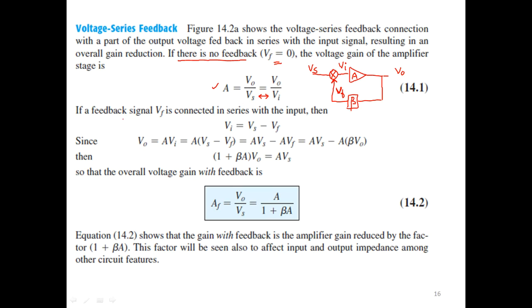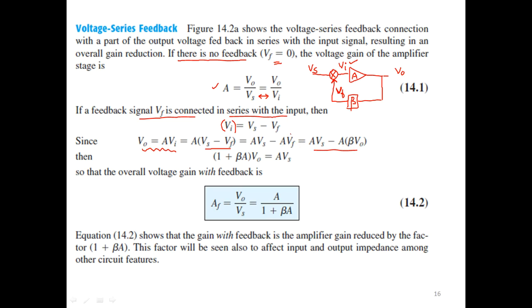Now if we connect a feedback signal in series with the input, we can express the input Vi as Vs minus Vf. Now what is V0? V0 can be written as the gain without feedback multiplied by the input signal Vi, where Vi is Vs minus Vf. If you split the terms and rearrange, you will get this expression.